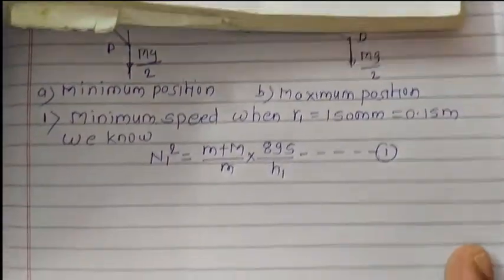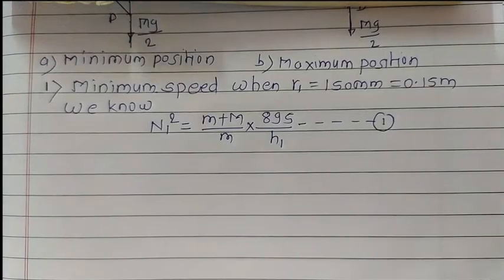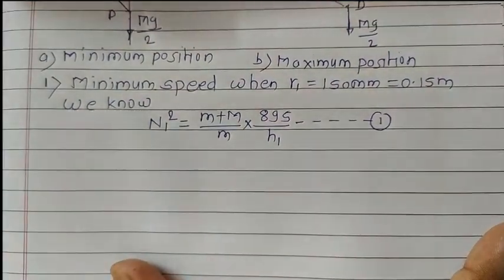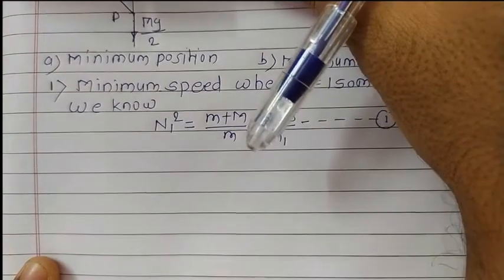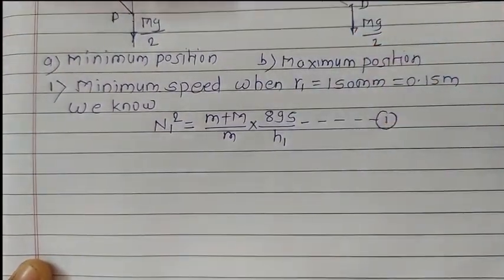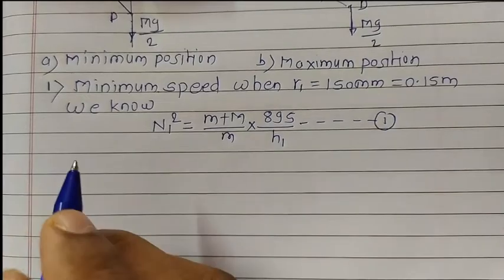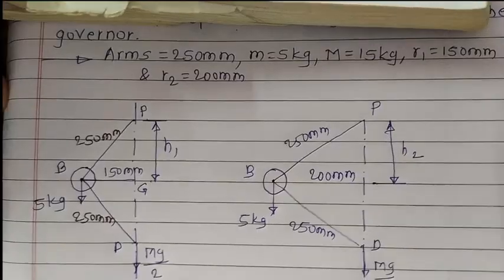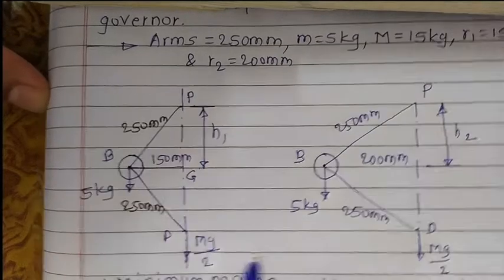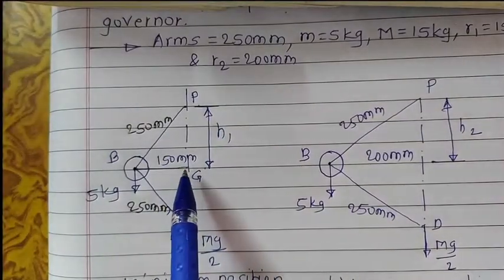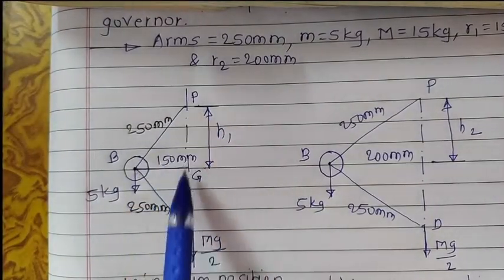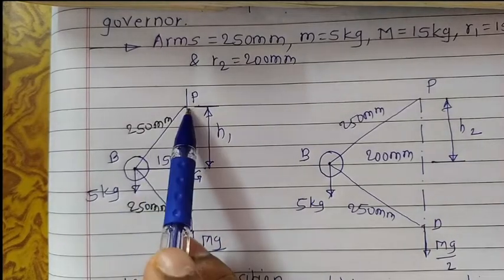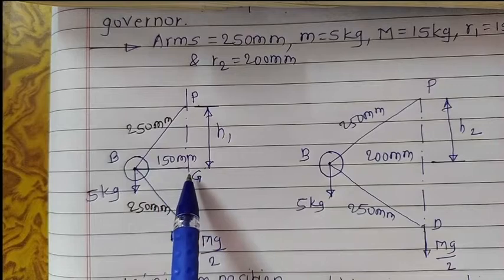Now in this case, first of all you have to find out the value of h1. This can be done with the help of this diagram. h1 can be calculated with the help of this triangle. Just consider this triangle BPG.